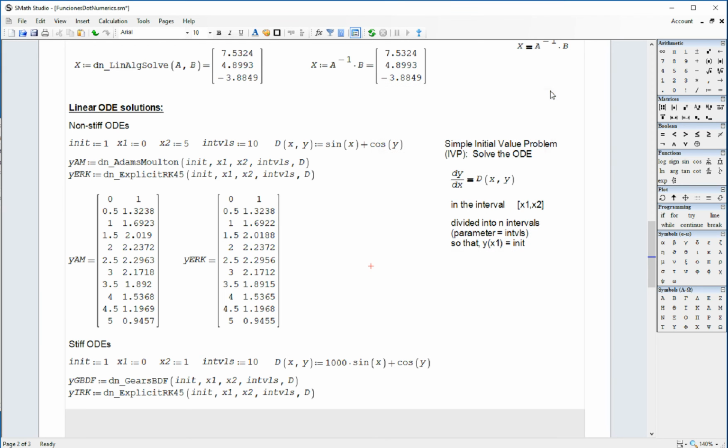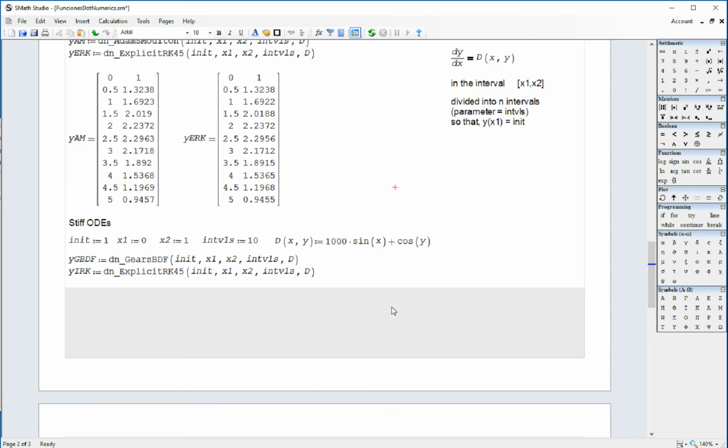I'm just doing the solution right here. And so you call the function dn Adams-Moulton with the initial value, x1, x2, number of intervals, and the function that describes the right-hand side of this ordinary differential equation. And we did Adams-Moulton and explicit, and we get basically exactly the same. We see some discrepancy right in the last value, but in the fourth decimal.